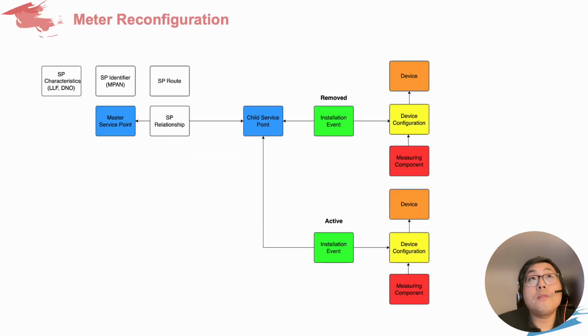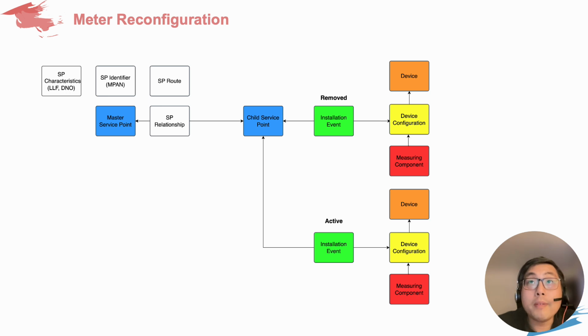Now, second, meter reconfiguration, which doesn't mean a meter has been removed. In this case, we have a master service point and we only have one child service point, because over time the meter has been reconfigured, but the device has not been changed. My diagram is not that clear, but literally these two devices are one object.